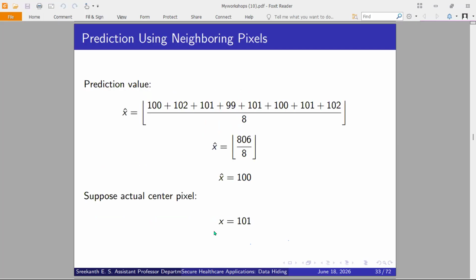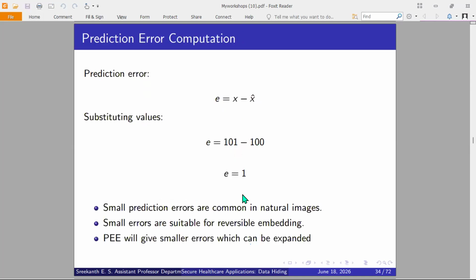Okay, here we are predicting x cap equal to 100, but the actual center pixel is 101. Then we take the prediction error, that is E, and we can do the same calculation we did before for prediction error expansion also.